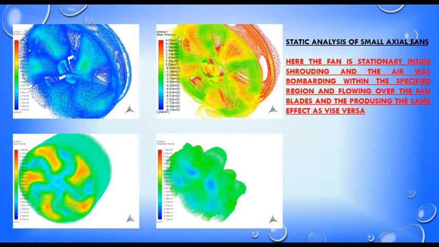In the previously made video having this type of analysis, the result was different, because for a smaller axial fan we can do static analysis and the result will be good or optimal. But when you go for a bigger customized and designed fan, you can do better analysis by rotating it and calculating the CFM obtained.